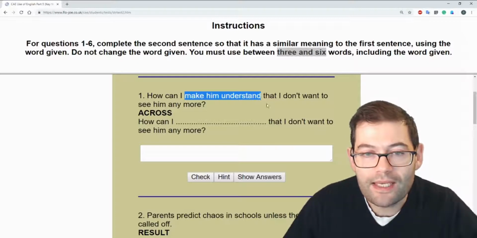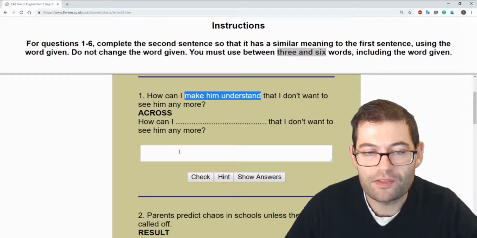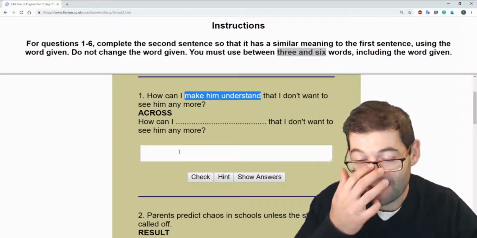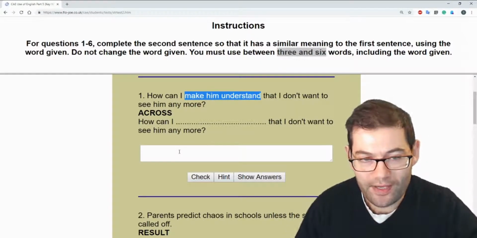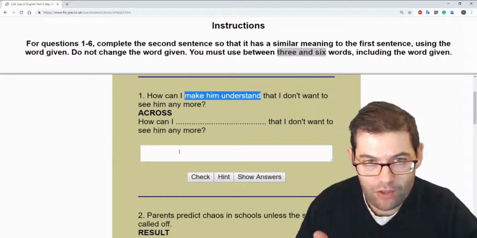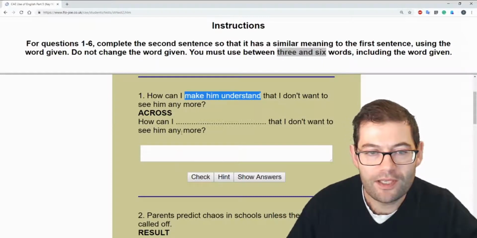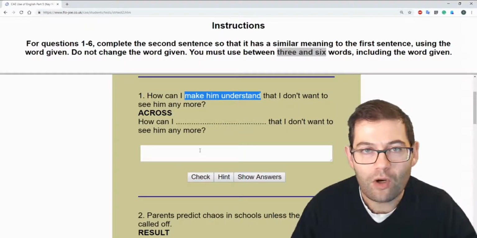Now here you're going to need your vocabulary skills, because make him understand is synonymous with the phrasal verb get across, or get something across to somebody else. So in other words, you have to say get what across.